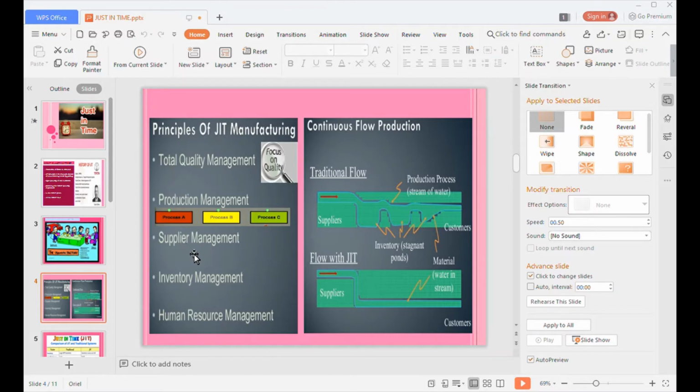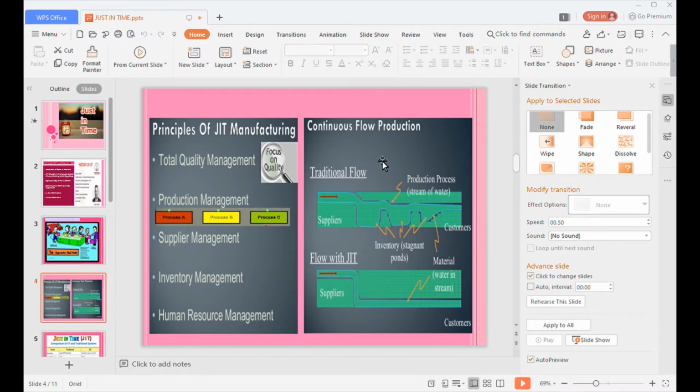For supplier management, Toyota communicates their demand for parts 20 days in advance to their suppliers, and they communicate problems to suppliers in a very positive manner. For their inventory, this production system really hates inventory. For them, inventory is a waste and inventory is evil. Human resource management empowers their people.